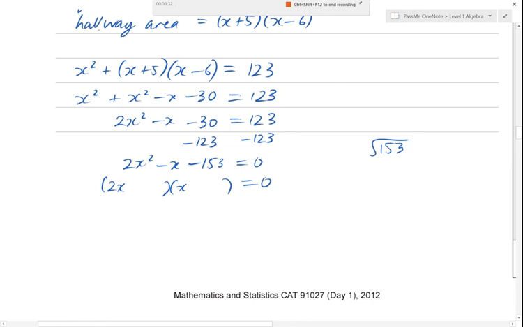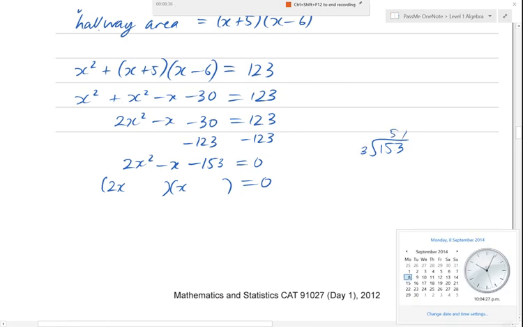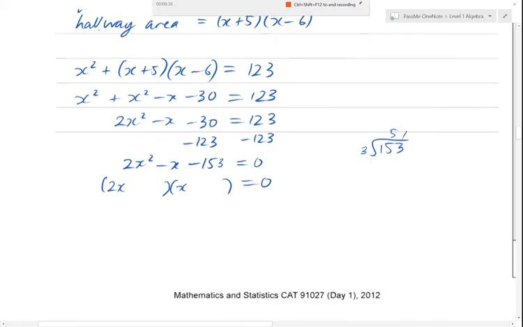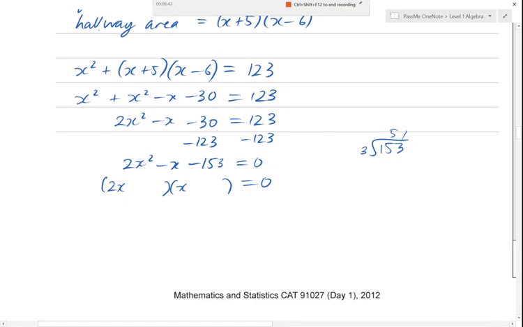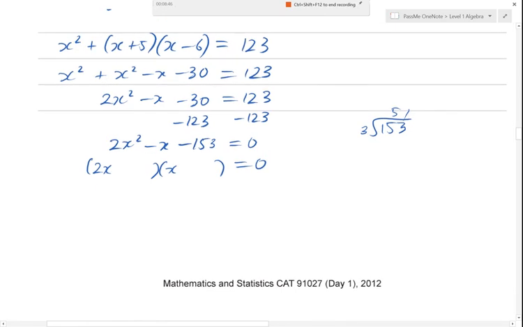So 2 doesn't go into it. 3 goes into 51 times. So that could be a goer, although 51 is also divisible by 3, which means 9 would go in. So let's try 9, see what we come up with.